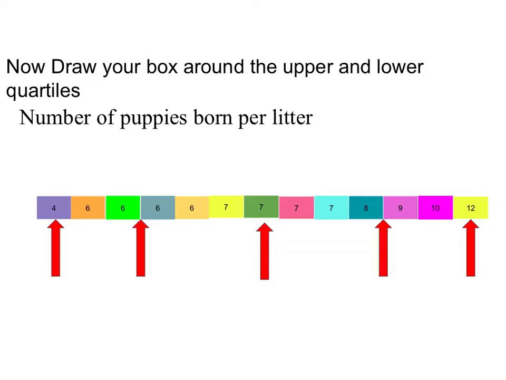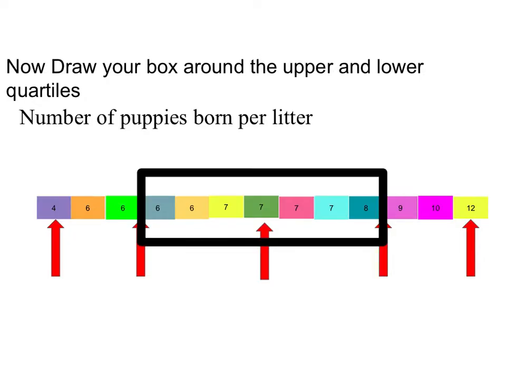We are simply going to divide our data set up into four equal sections. When we scale it, those sections might not be equal, but at least let's find out where these numbers are going to be. Start by putting a box around your lower and upper quartiles.